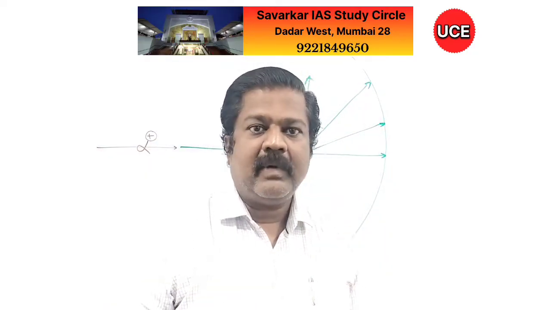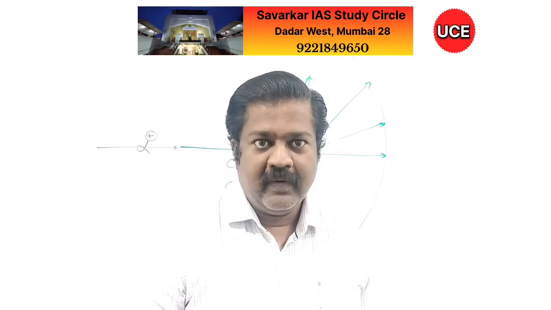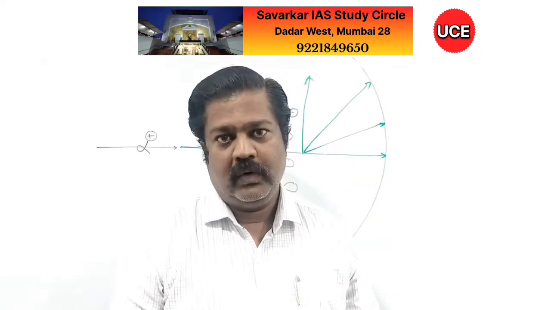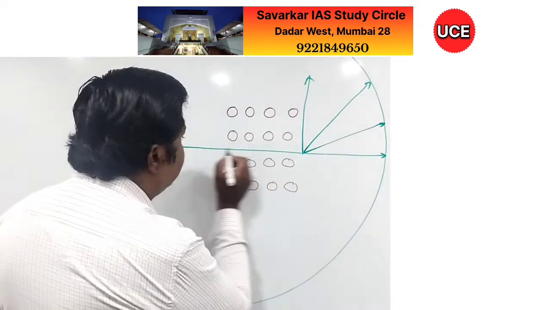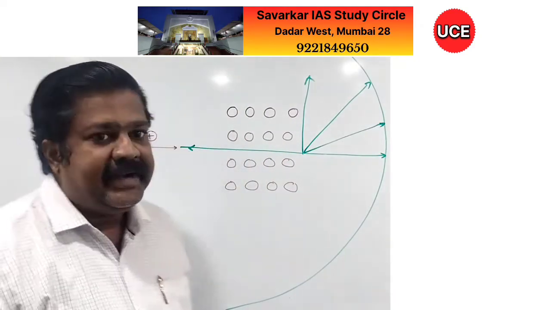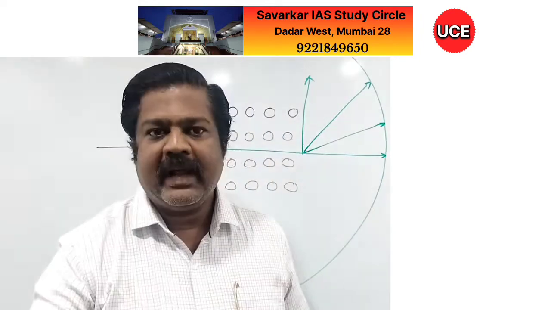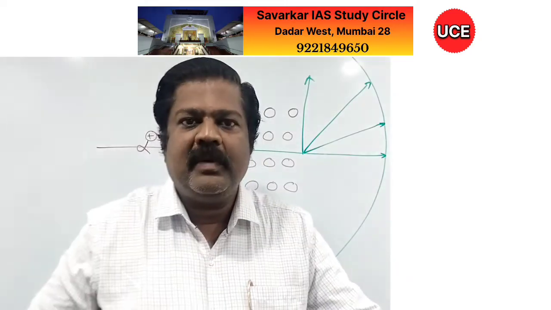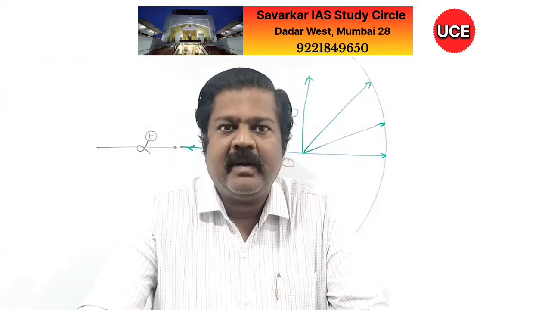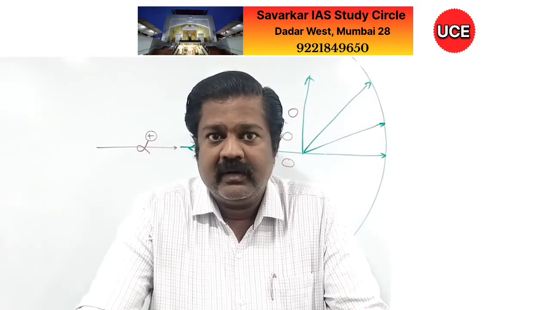Very few, that means 1 out of a million, get deflected by an angle of 180 degrees also. I don't know how they calculated, but they say that out of 1 million, one gets deflected by 180 degrees.